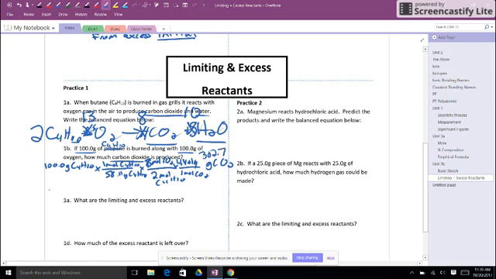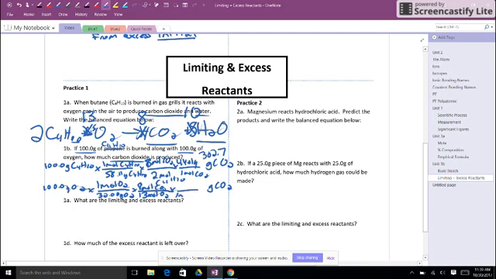Now let's do the same thing for my oxygen. So I have 100 grams of O2, and we're also looking for how much carbon dioxide could be made. So oxygen has a molar mass of 32 grams per 1 mole. We have 13 moles of O2 per 8 moles of CO2.